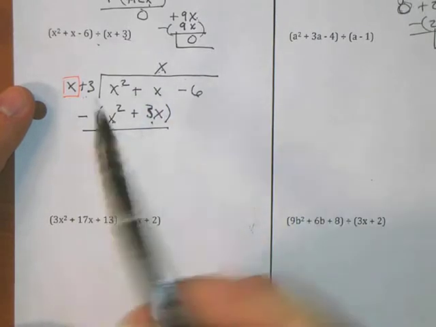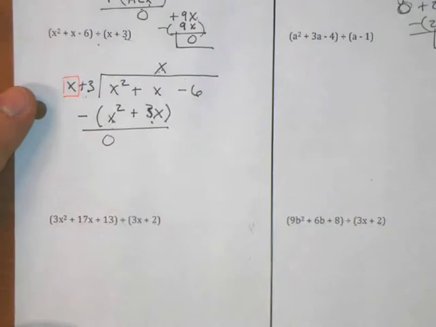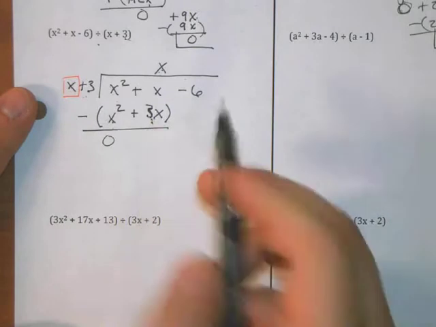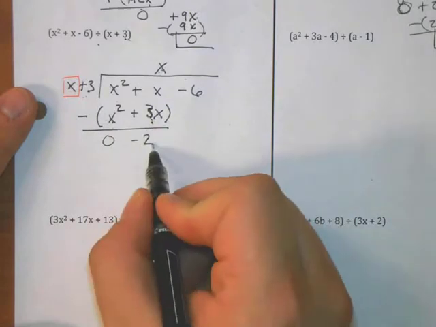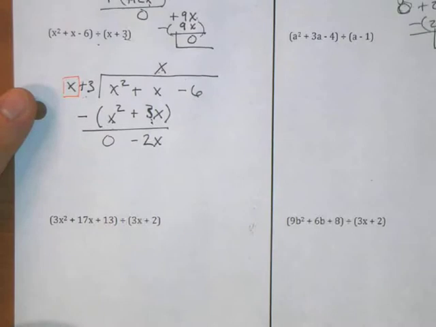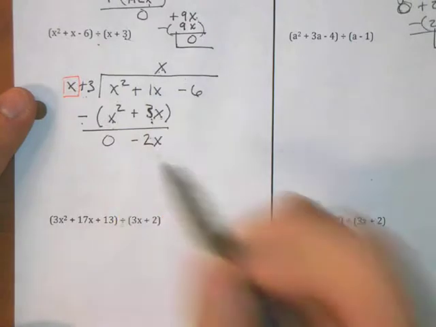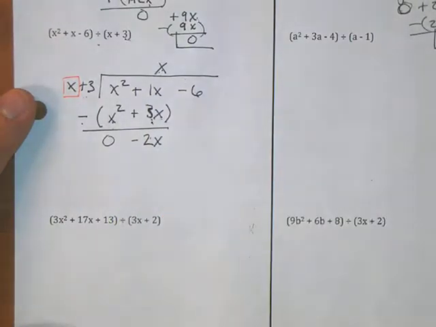What's x squared minus x squared? Still 0. That's good. What's x minus 3x? 1x minus 3x is negative 2x.